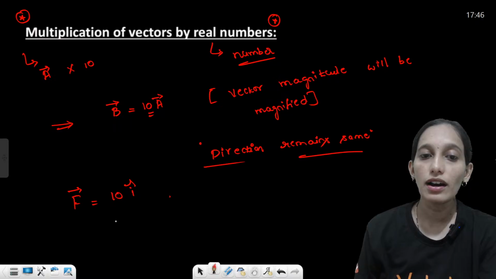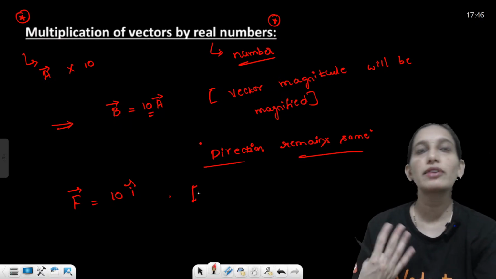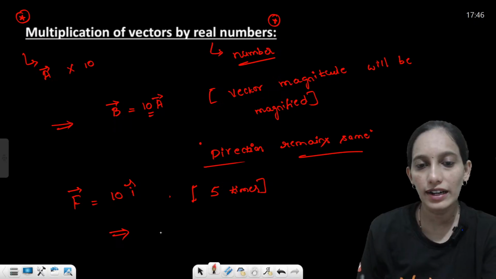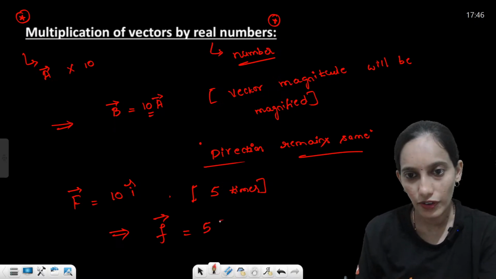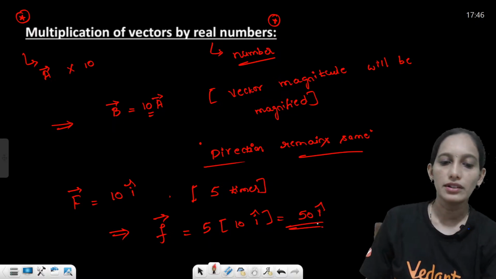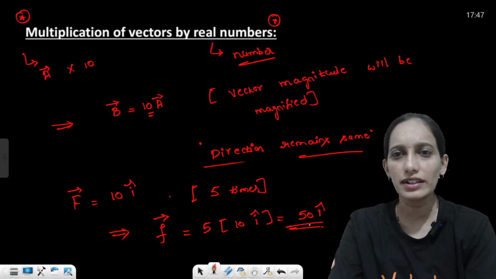Now let us imagine we have increased the force by 5 times. Then the new force, let me take small f, will be equal to 5 into 10 I cap, which is going to give you 50 I cap. So this is multiplication of a vector by a real number.